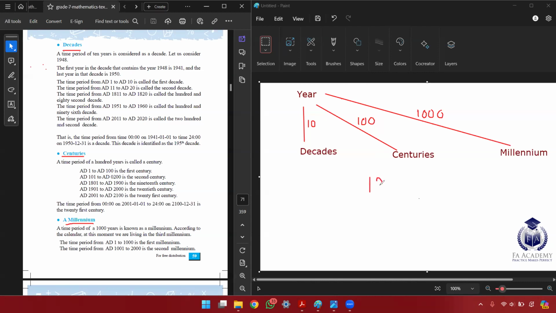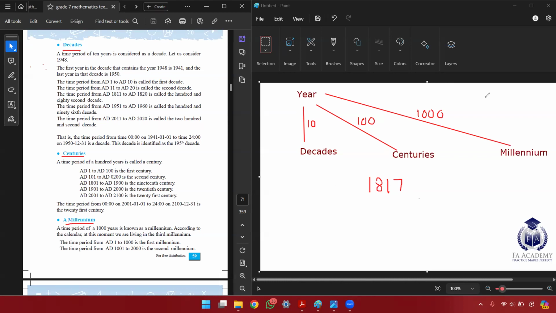I'm just taking a random example. Let's say we have 1817. If you have this year, you need to decide the decade, century, and millennium. A period of 10 years is a decade, right?